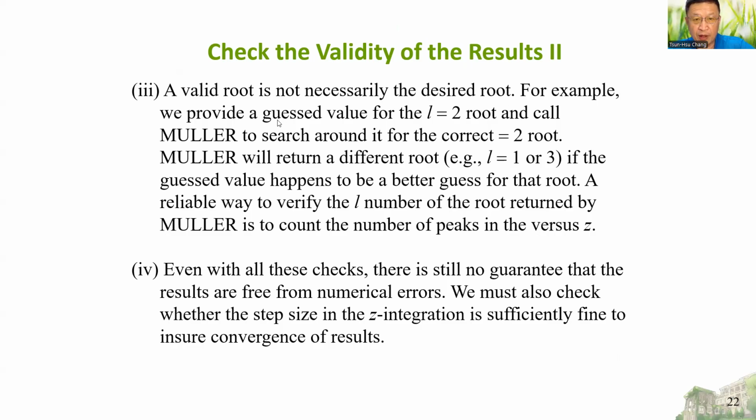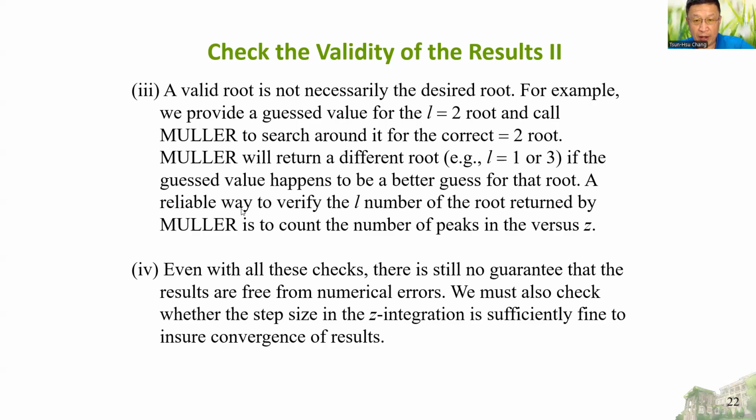For example, we provide a guess value for the desired L root and call Muller to search around it for the correct L root. Muller may return a different root, such as L equal 1 or 3, if the guessed value happens to be a better guess for that root.